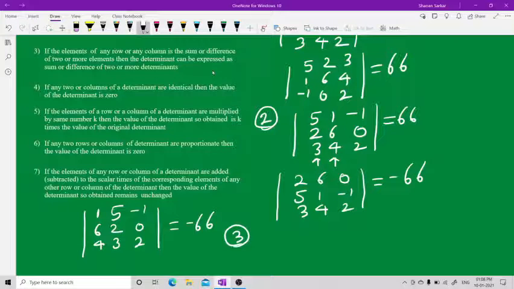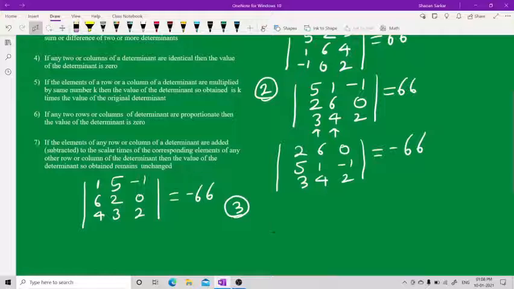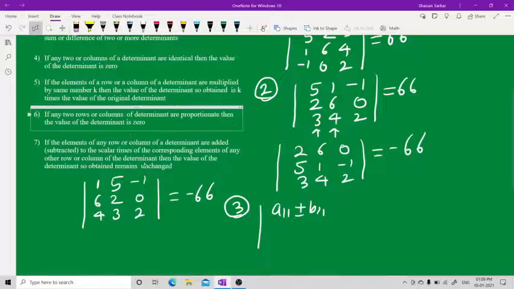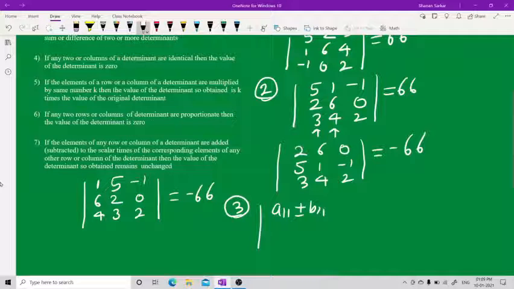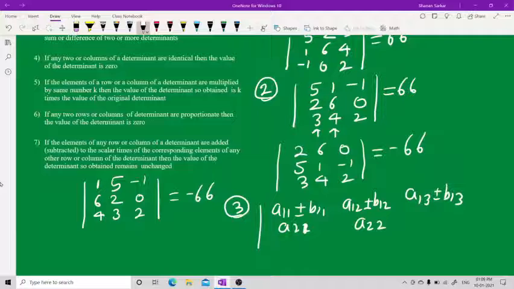I have, in the first row, A11 plus or minus B11, A12 plus or minus B12, A13 plus or minus B13, and then A21, A22, A23, and then A31, A32, A33.